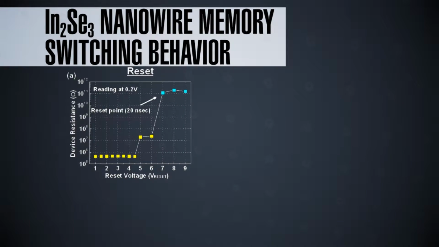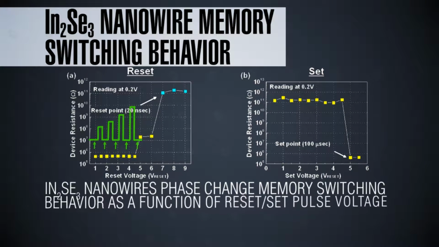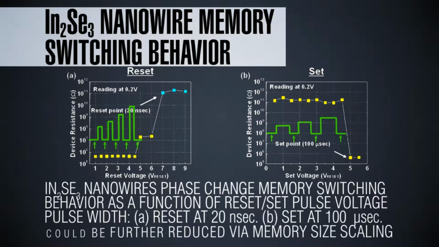A rudimentary indium selenide nanowire memory was constructed, and here I'm showing the switching behavior of this indium selenide nanowire memory. The image on the left shows the resistance of the nanowire, and the x-axis is the reset voltage.